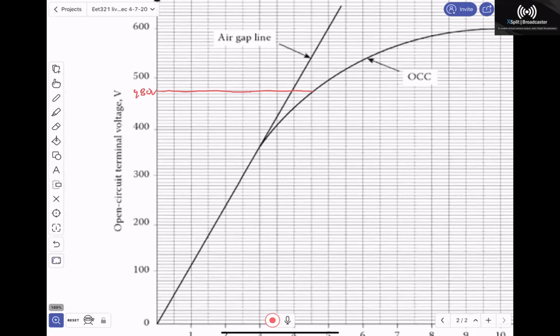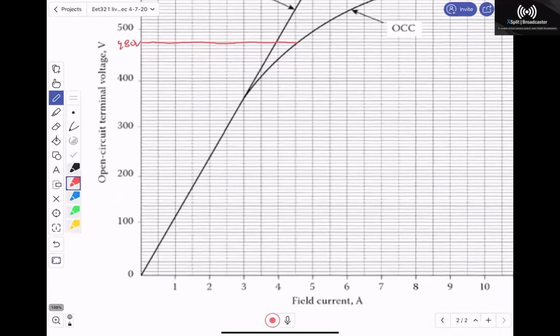Then if I draw down, I need around 4.5 amps or so of field current to give me 480 volts of terminal voltage under those conditions. So at that point, it's just looking at the saturation characteristics of the curve, reading it off the curve, and making a determination. Okay. Any questions on that?